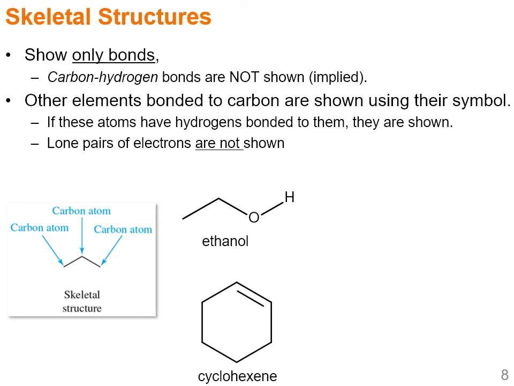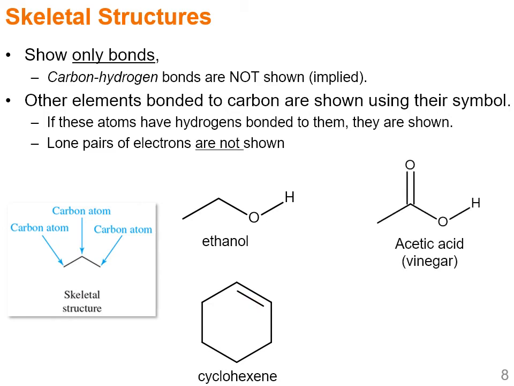In the case of cyclohexene, we have a cyclic structure made up of 1, 2, 3, 4, 5, 6 carbon atoms, and between 2 of the carbon atoms, there is a double bond. So the double bond is shown by 2 dashes, 2 lines connecting the atoms.